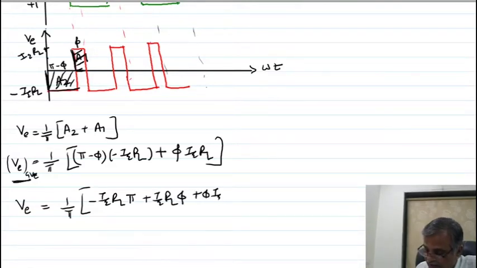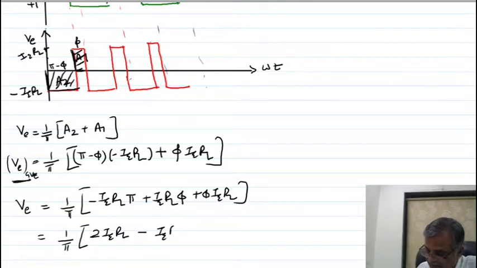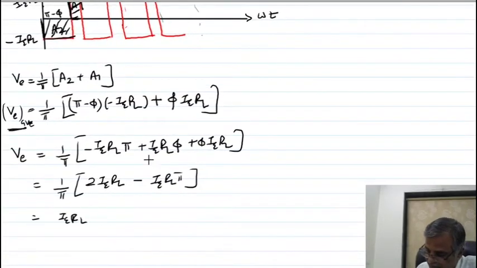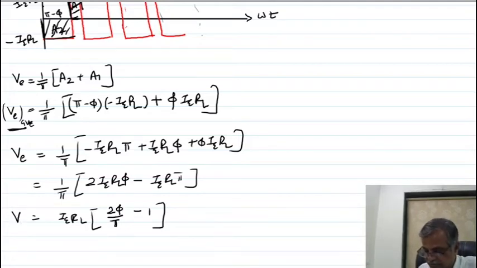So I can write it as 1 upon pi, 2 phi IRL minus IRL into pi. I am writing this value. IRL is common: IRL into 2 phi upon pi minus 1. This is the average value of the output of the phase detector.